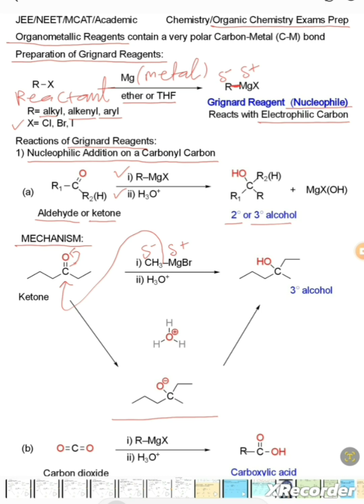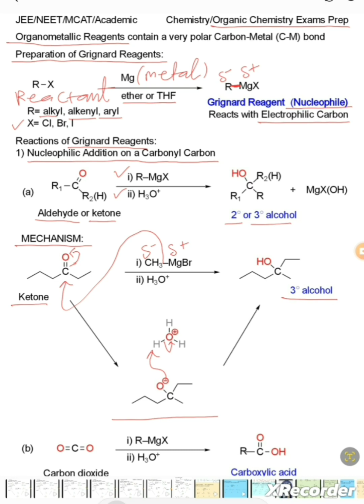Now this tetrahedral intermediate quickly will grab a proton from the acid present in the second step, and that would give us a tertiary alcohol. So in this reaction we haven't shown the general structures, but a specific structure of a ketone which gives us a tertiary alcohol.